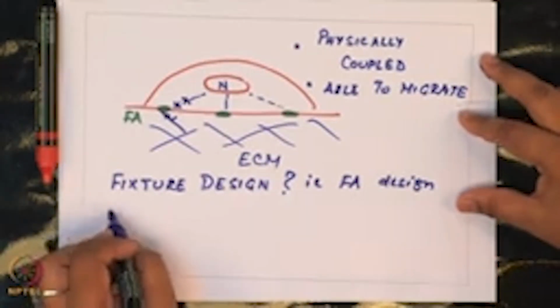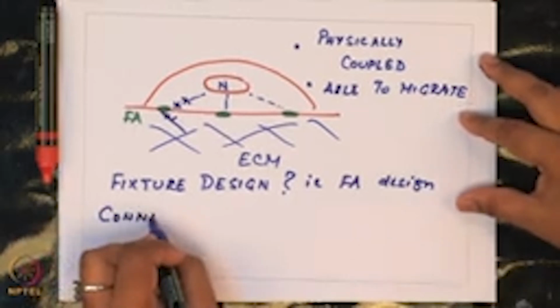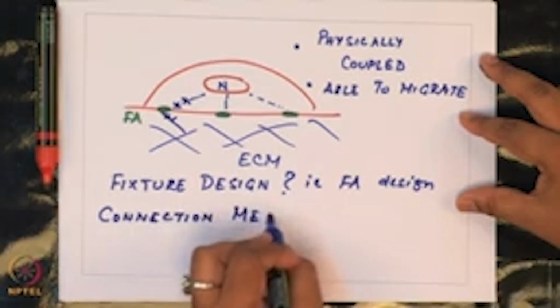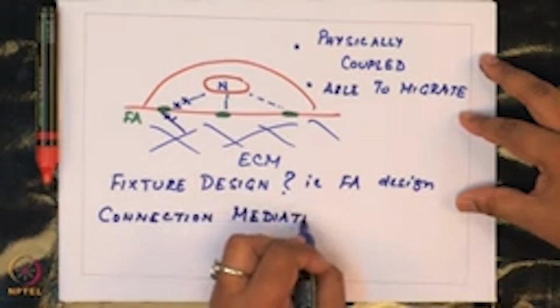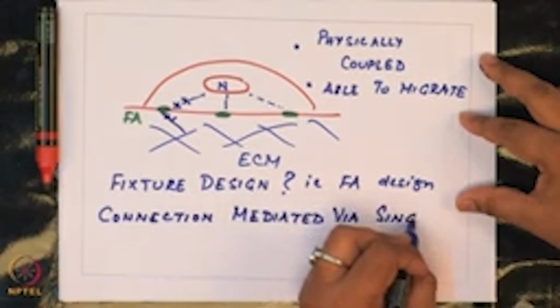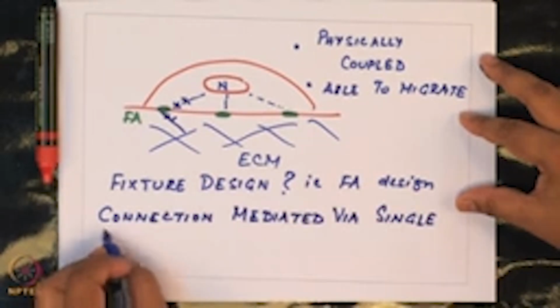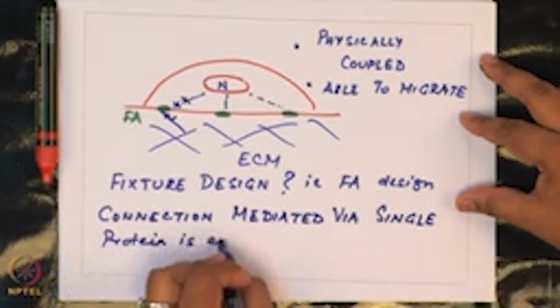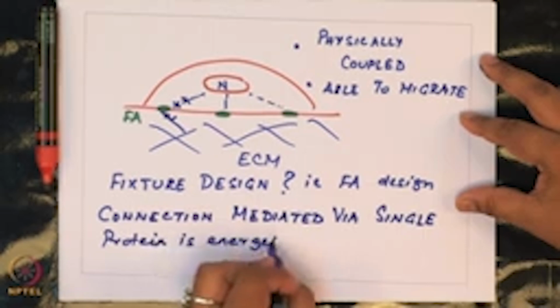Okay. So, connection mediated via single protein is energetically unfavorable.